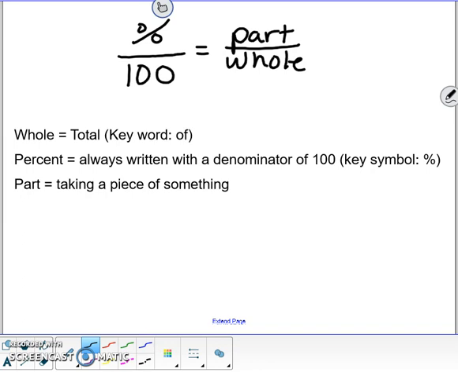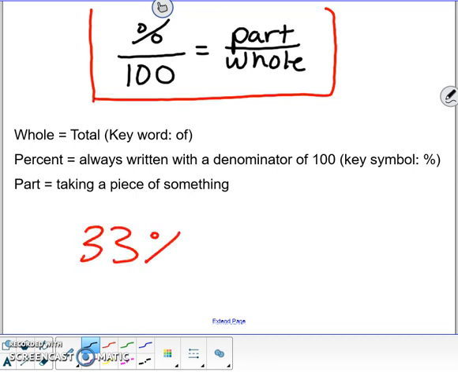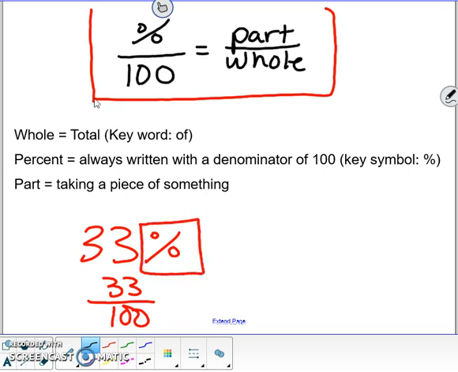This is how our proportions are going to look when we're working with percents. You're going to have a percent out of 100. That's very important to remember. Anytime you see any number with a percent sign after it, that really means, for example, 33 out of 100. A kind of interesting way to remember this: do you see this percent sign?